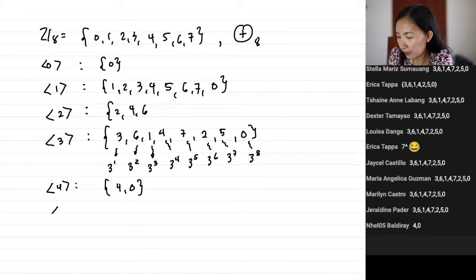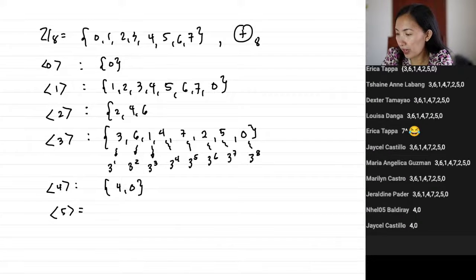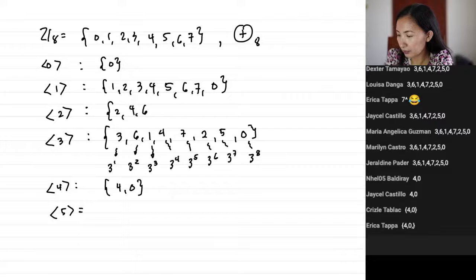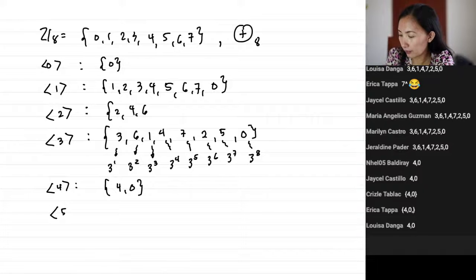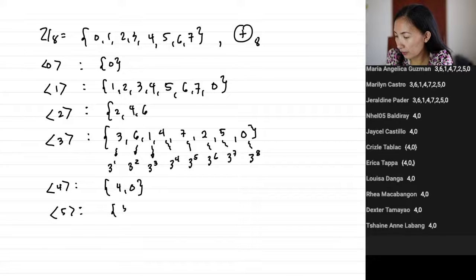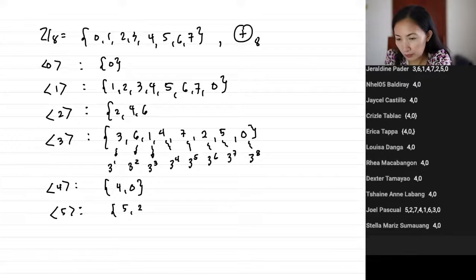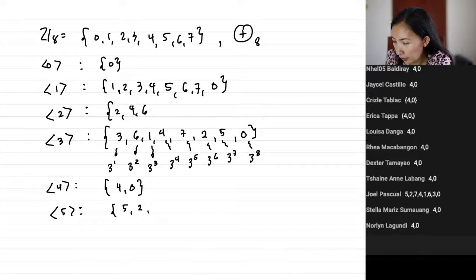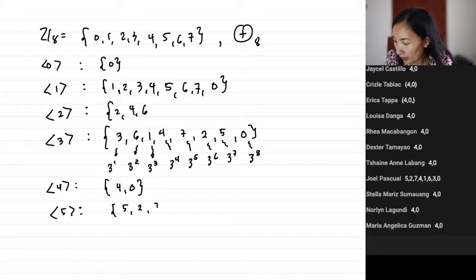Next, what about for 5? For 5, we have 5, 2. What about 5? Okay, 5 plus 5 is 10. 10 plus 5, 15, is 7, correct? 15 plus 5, 20, is 4. 25 is 1.